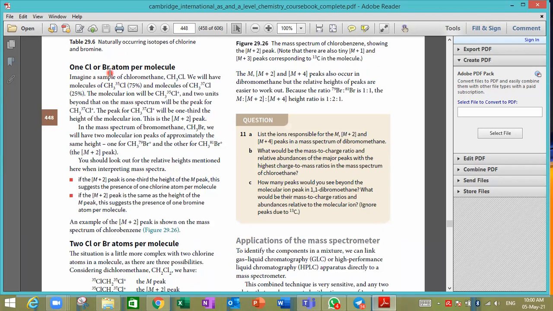And if the M plus 2 peak has a height that is 1/3 the height of the molecular ion peak, this means that we have a chlorine atom.